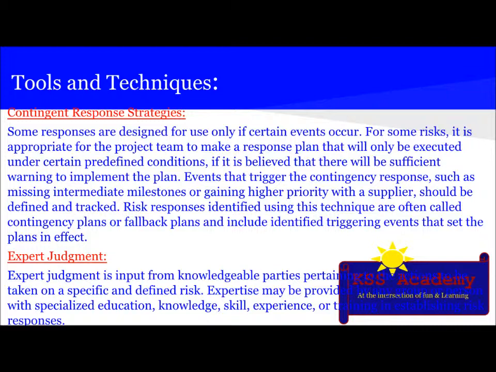Events that trigger the contingency response, such as missing an intermediate milestone or gaining higher priority with suppliers, should be defined and tracked. Risk responses identified using this technique are often called contingency plan or fallback plan and include identified triggering events that set the plan in effect.